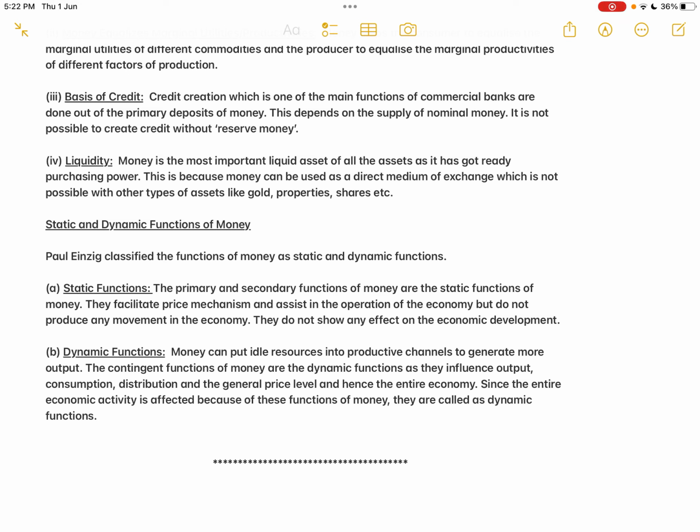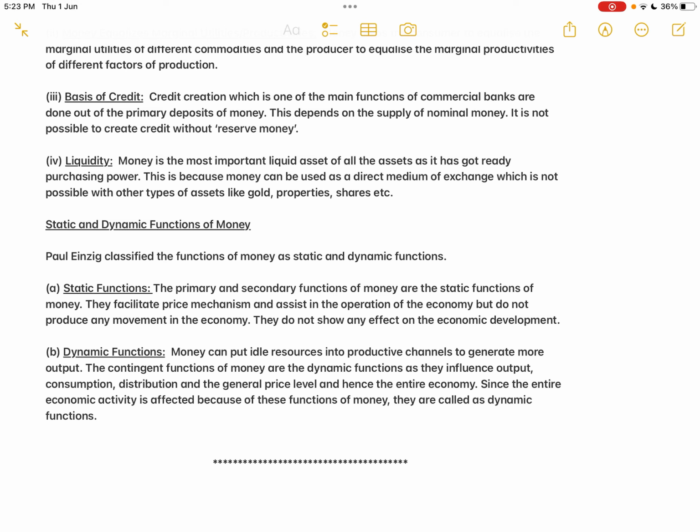But if the same deposits are lent by a commercial bank to the producer as investment, then that idle money becomes active. That boosts production, and generates income, employment, etc. So those functions of money make the economy dynamic. It influences each and every citizen in the form of economic development of a country.